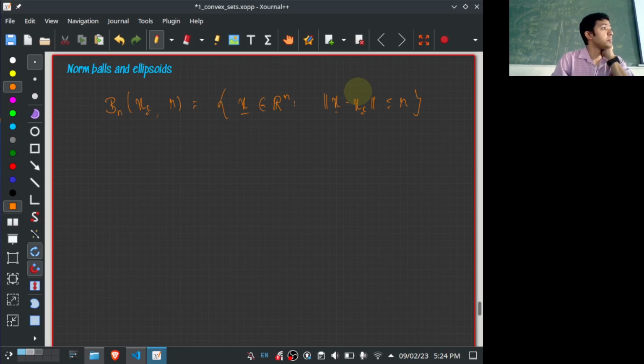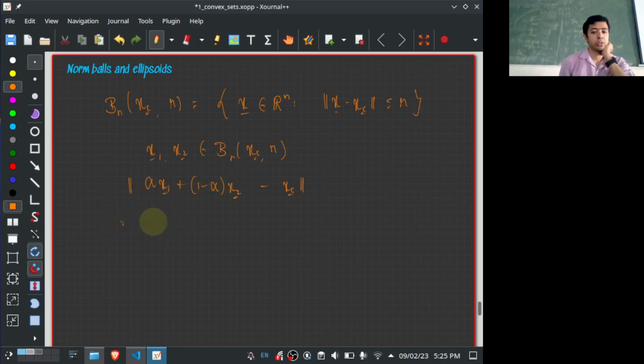Okay, so let's just take two points, x1, x2 in this ball. I have to show that for every alpha between 0 and 1, alpha x1 plus (1 minus alpha) x2 is also in the ball. What does that amount to showing? I have to show the norm of this minus xc is less than or equal to r.